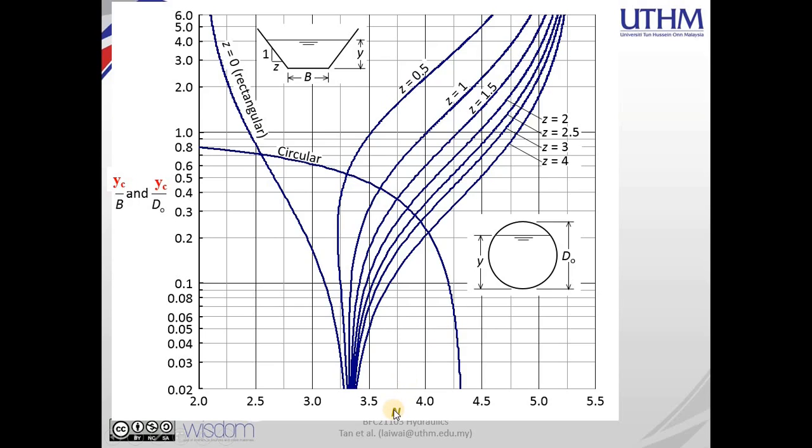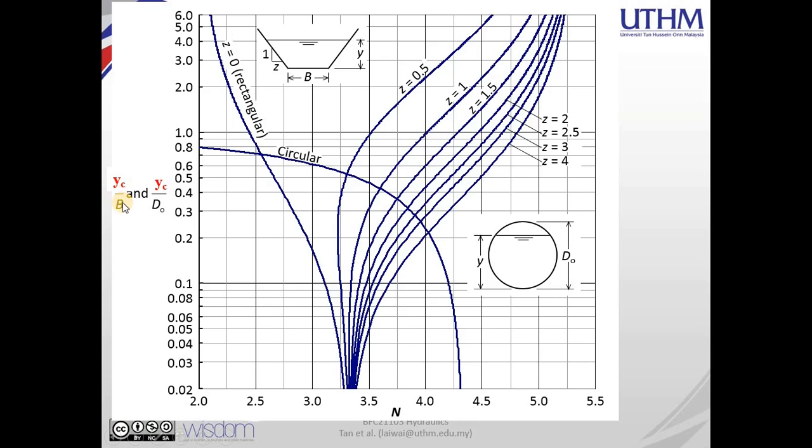For the n determination we use yc, the critical depth. So please be careful, I repeat: for the m value, y on the y-axis should be Y0, and for the n value determination, y should be yc.